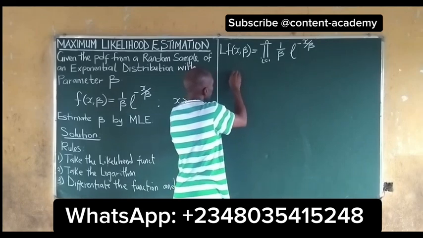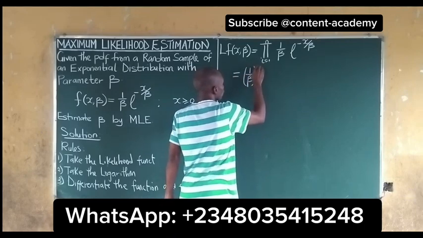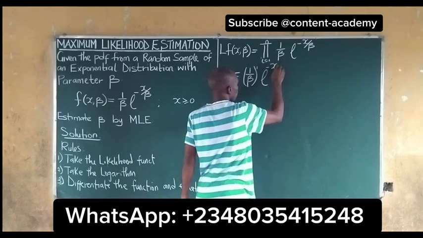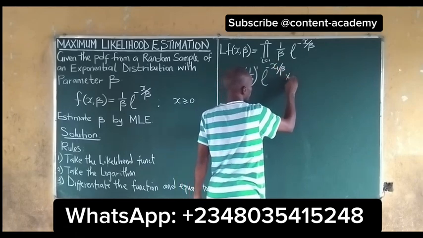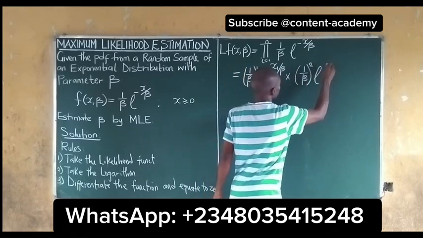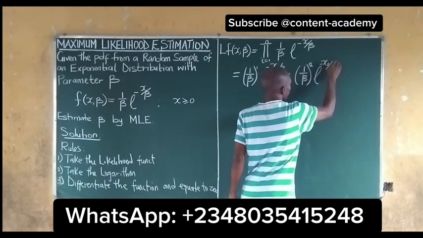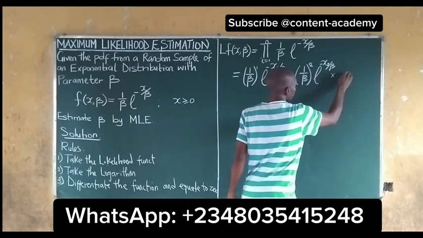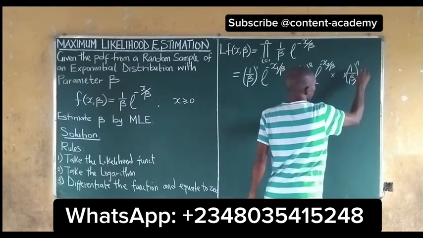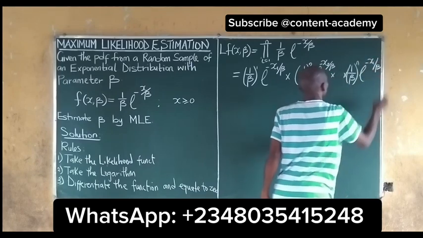So this is equal to 1 all over beta exponential negative x1 all over beta, multiplied by 1 all over beta exponential negative x2 all over beta, multiplied by, it continues like that, 1 all over beta exponential negative xn all over beta.